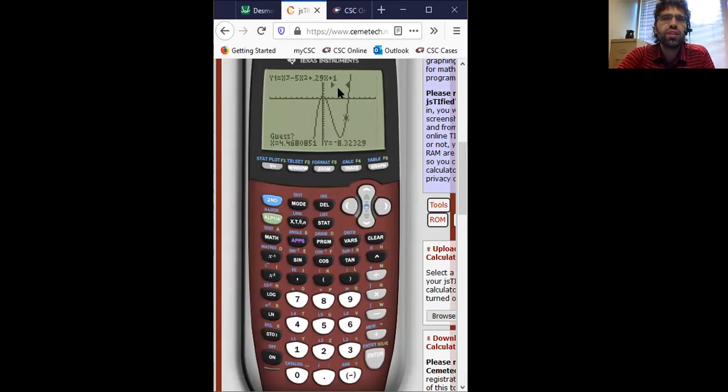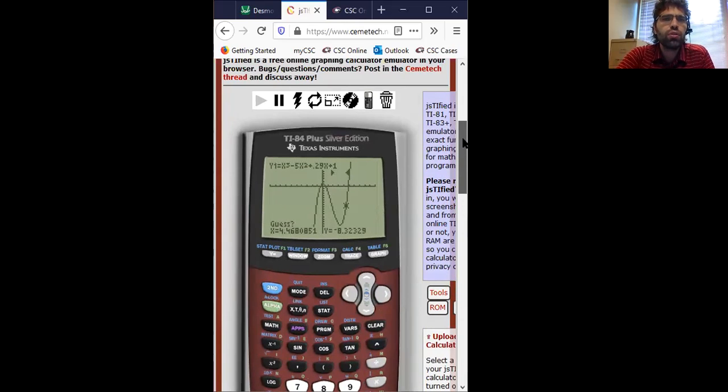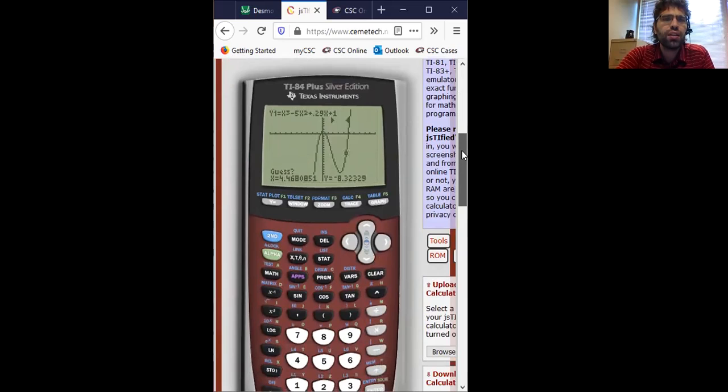If we were using a fancier calculator, our calculator might draw a dotted line here and a dotted line here.